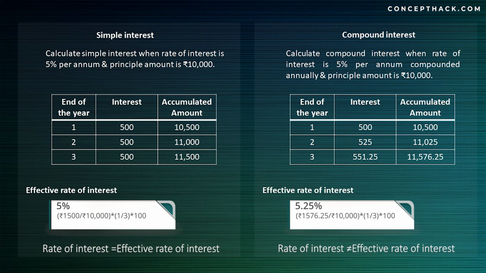It is important to note that even though the rate of interest is 5%, in reality, actual interest paid under compound interest method is more than 5%. And this is because we are paying interest on interest. Whereas in simple interest, we are just paying interest on the initial amount, that is principal amount. And that's the reason under simple interest, the rate of interest is equal to effective rate of interest.